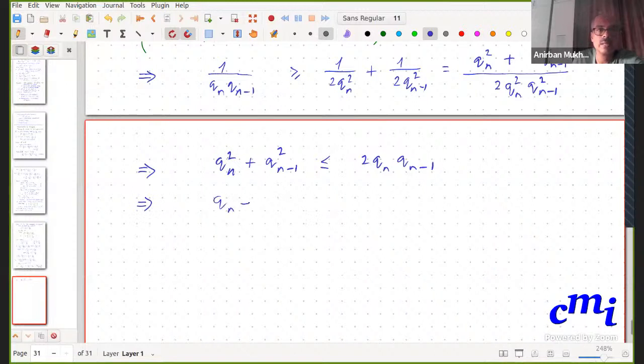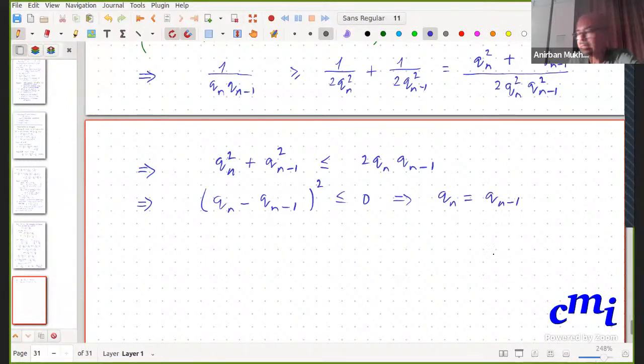So Qn minus Qn minus 1 whole square, if you bring this 2Qn Qn minus 1 to this side, is less than or equal to 0. Therefore, Qn is equal to Qn minus 1. So that's a contradiction, because it's a square less than or equal to 0, so it has to be exactly 0.